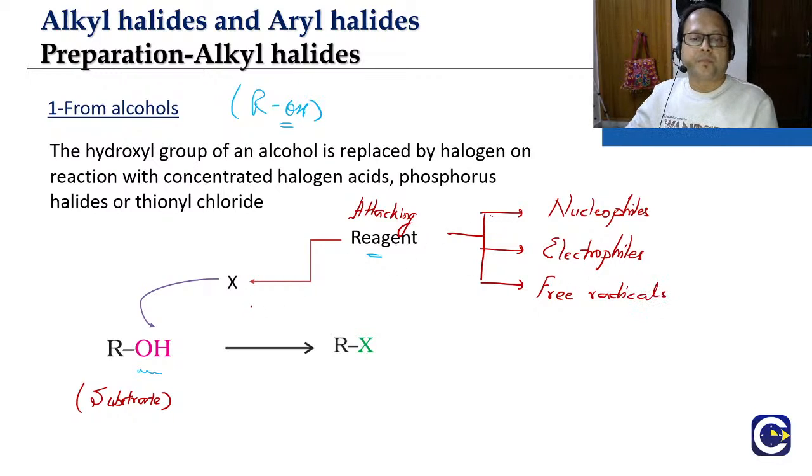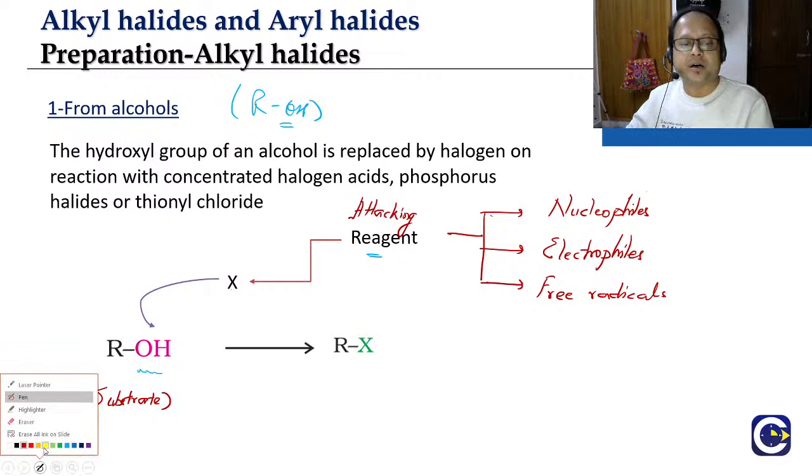Right now, X here acts as nucleophile because it has got a negative charge, it has got high electron density, and it is going to replace OH. While going, it is going to take its own electron, so OH minus will become, and it is also a nucleophile. So a nucleophile can replace another nucleophile, right? We'll talk about all these things also in future. So here basically we are dealing with an attacking reagent which is nucleophilic in nature.